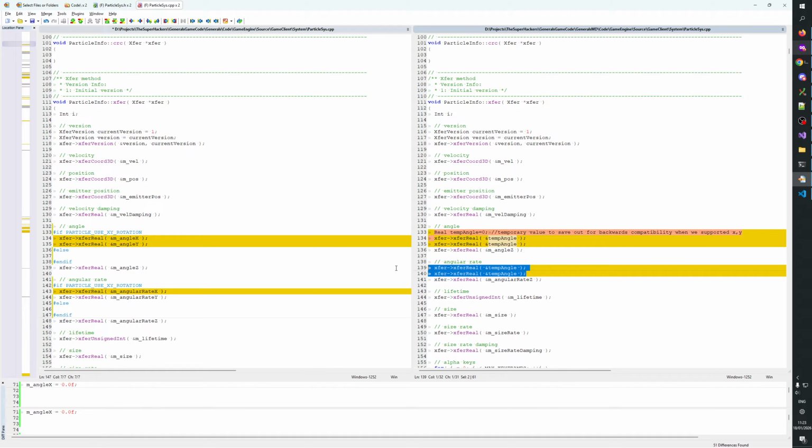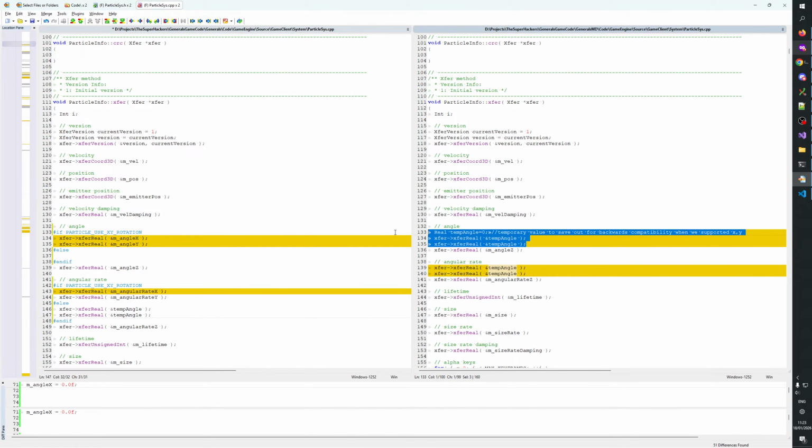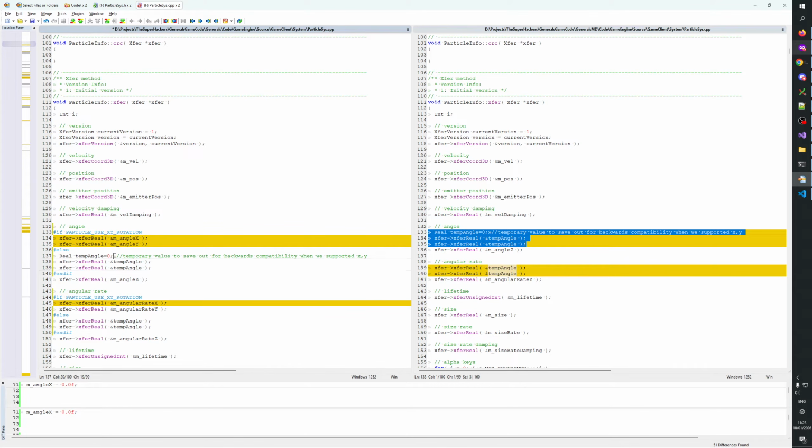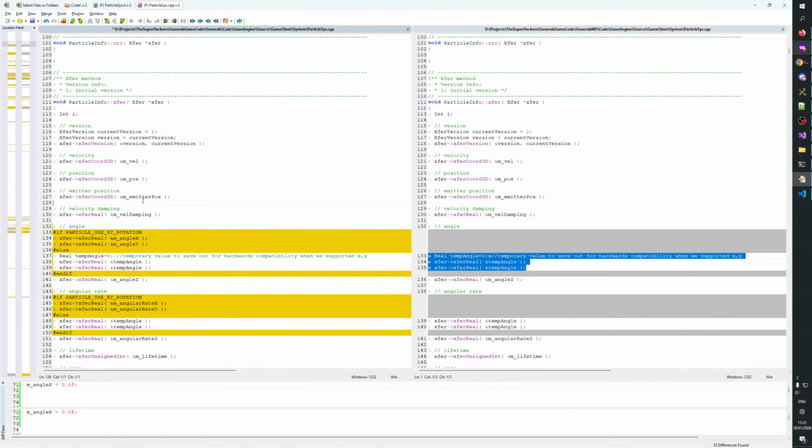Okay, and then we do here angular rates, and then this, put that here. Okay, does that work?